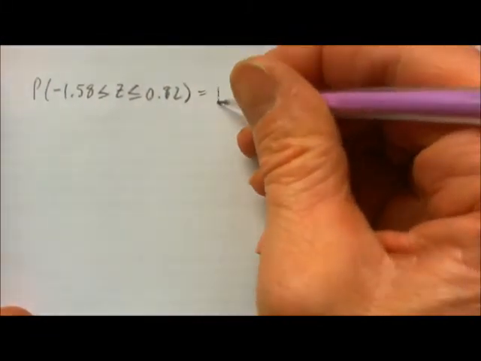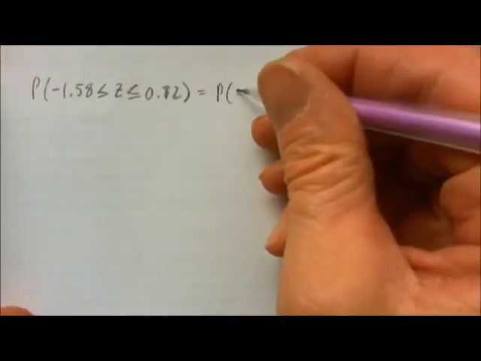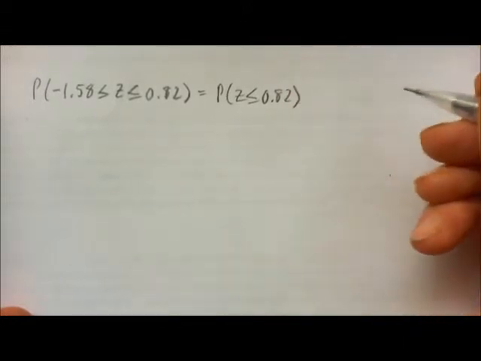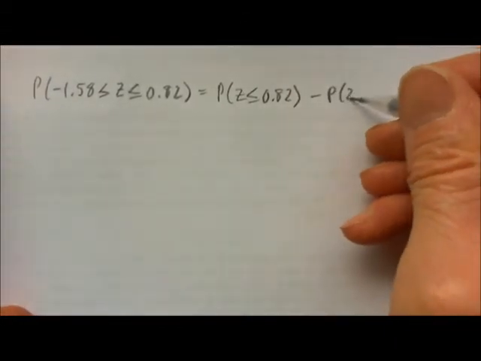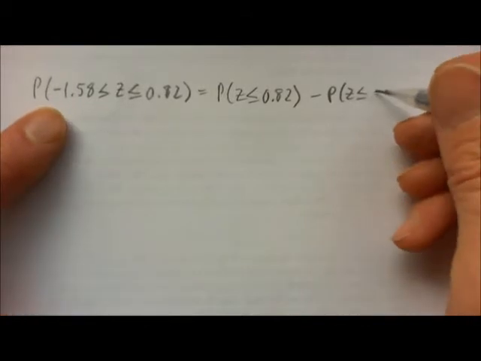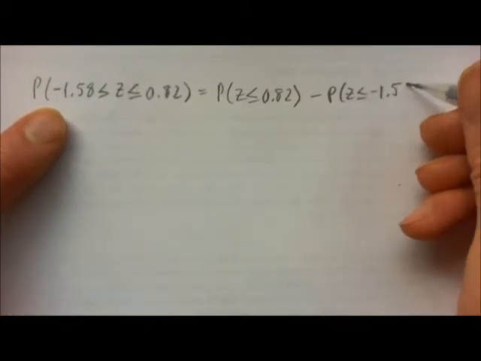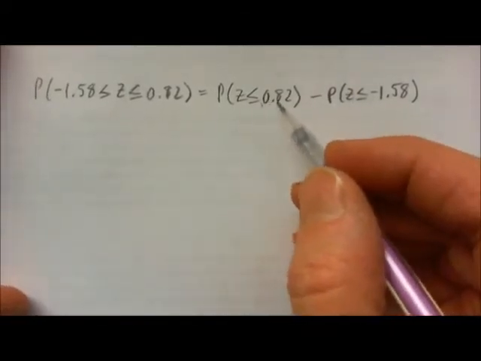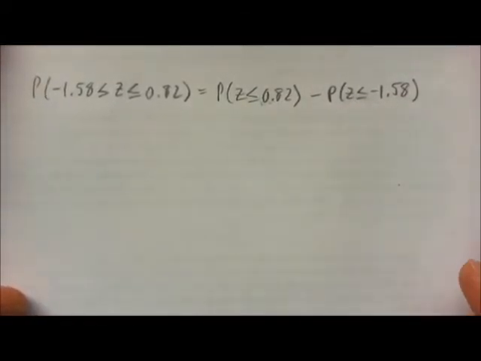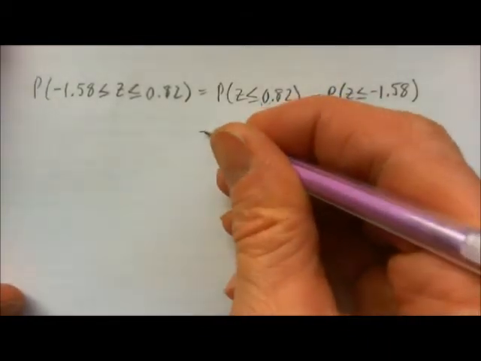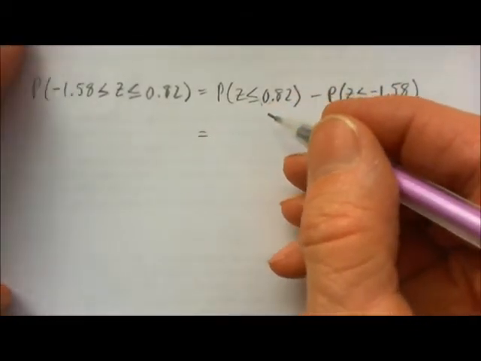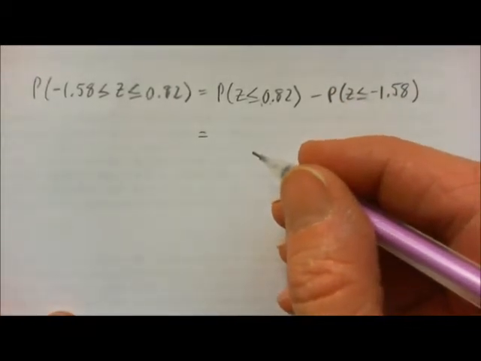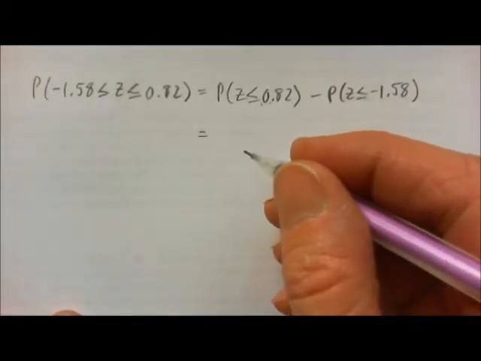Okay, and what that is, that's our probability that z is less than the larger of those two numbers minus the probability that z is less than or equal to the smaller of the two numbers. And of course, again, let's reiterate the reason we like expressions like these two is those are probabilities we find directly from the table. So we looked these up already. Again, this one, the probability that z is less than 0.82 is 0.7939.